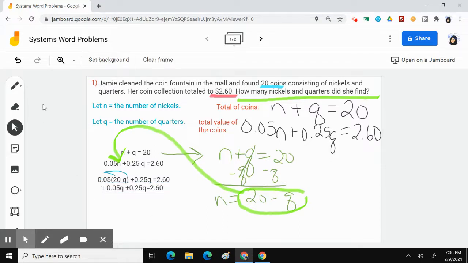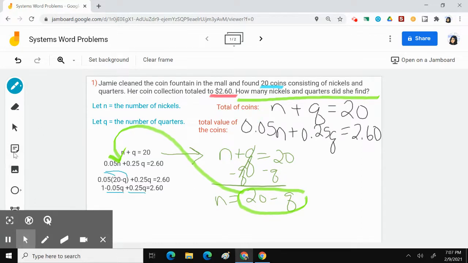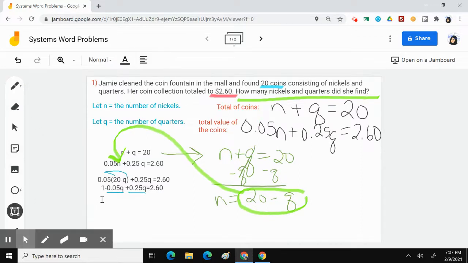Now I have like terms in my equation. I can combine negative 0.05q and positive 0.25q. So if I add negative 0.05q plus 0.25q, I'm left with 0.2q. So now I have 1 plus 0.2q equals 2.60.